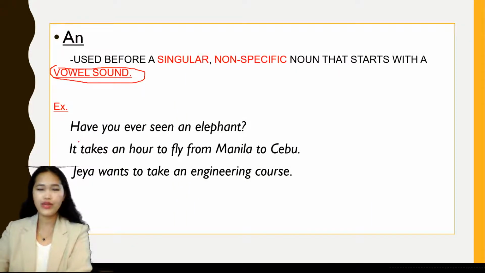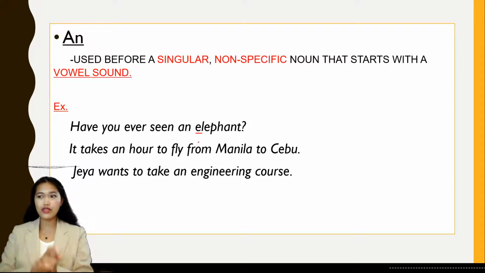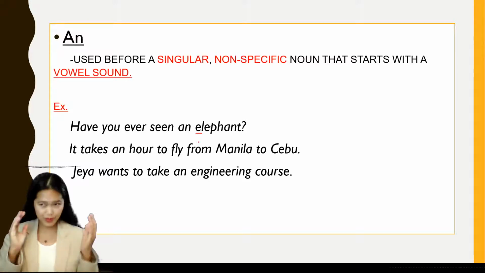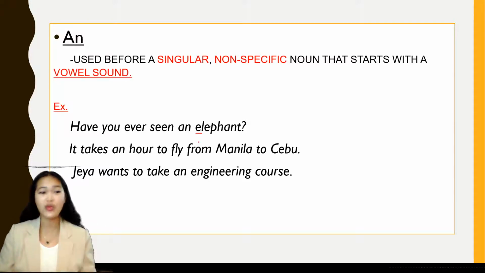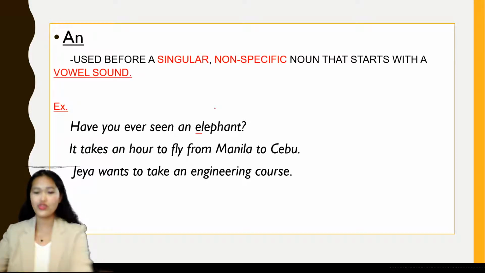So we have, for example, the sentence: have you ever seen an elephant? So, elephant, it starts with a vowel and it also has a vowel sound. Have you ever seen an elephant? One elephant, but we're not particular where, just as have you seen, have you experienced.